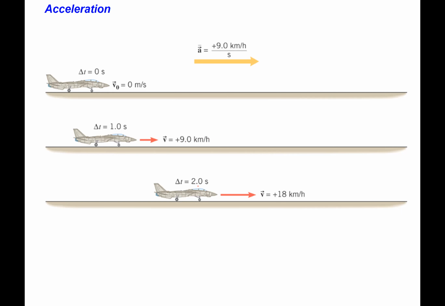Then if I wait 2 seconds to observe its speed, now it is moving at 18 kilometers per hour. If I were to speed up even more for a time of 3 seconds, then I would add 9 more. So that would give me 27 kilometers per hour. That would be the speed after 3 seconds. So that means that every second, the speed will increase 9 kilometers per hour every second.